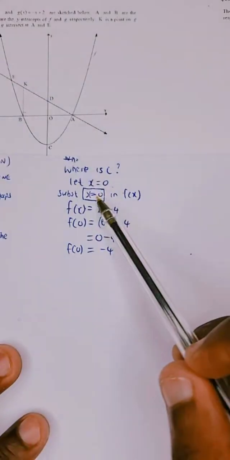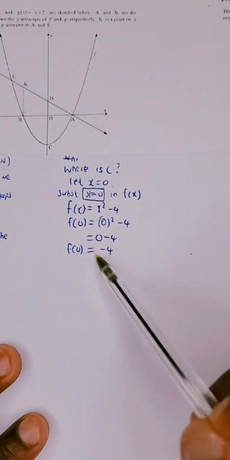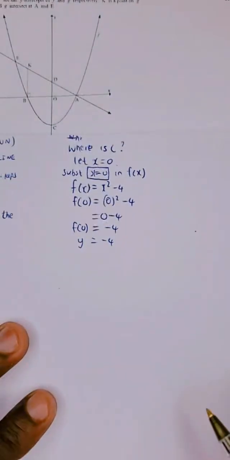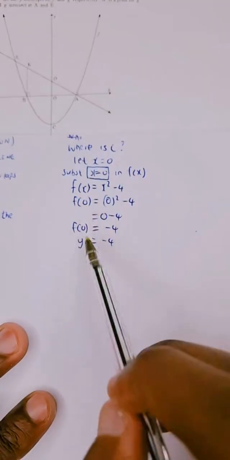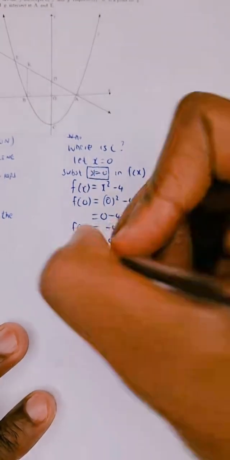So when we let x be equal to 0 in the function, we get a corresponding y value, which is negative 4. This is the input x value, which is 0. We get a corresponding output y value, which is negative 4.